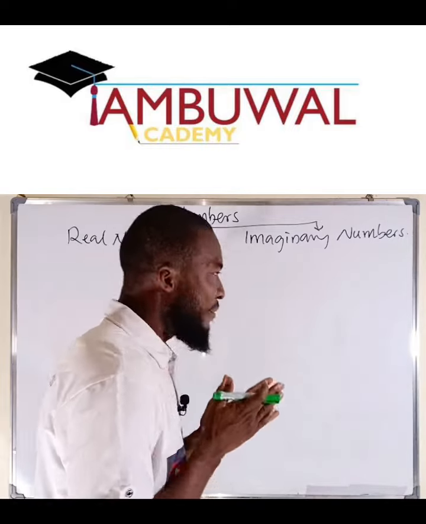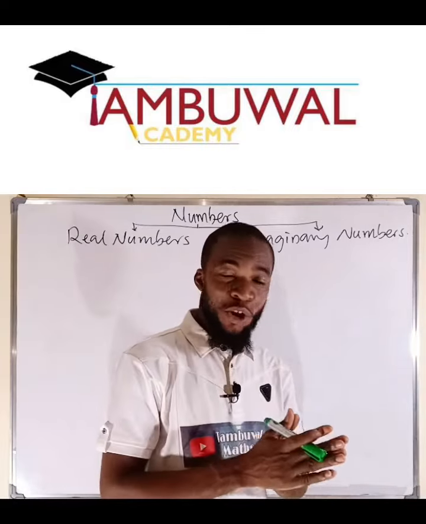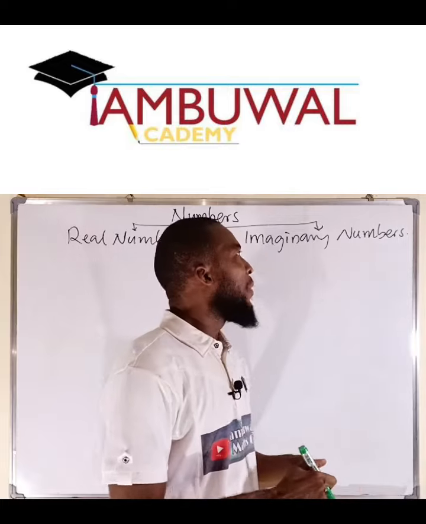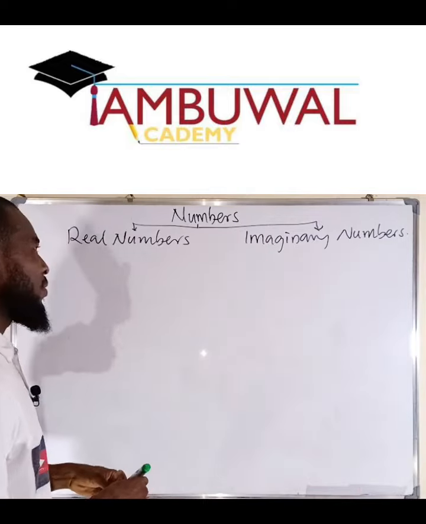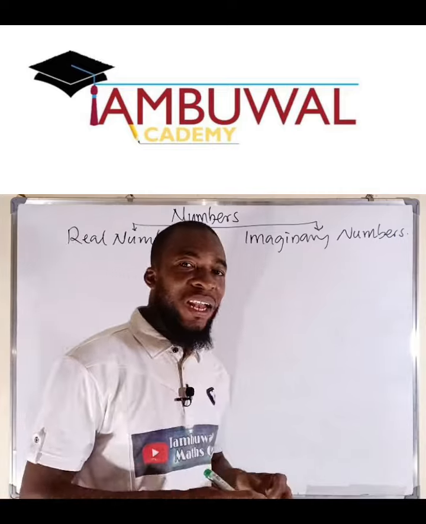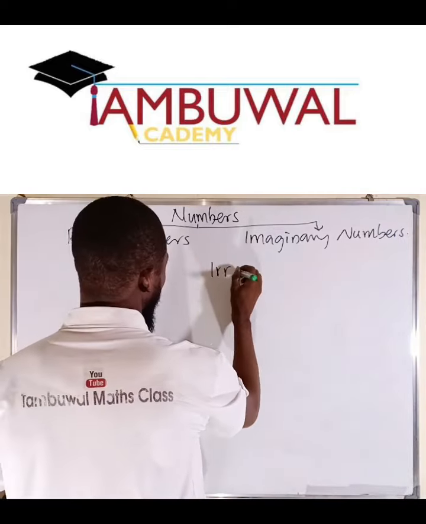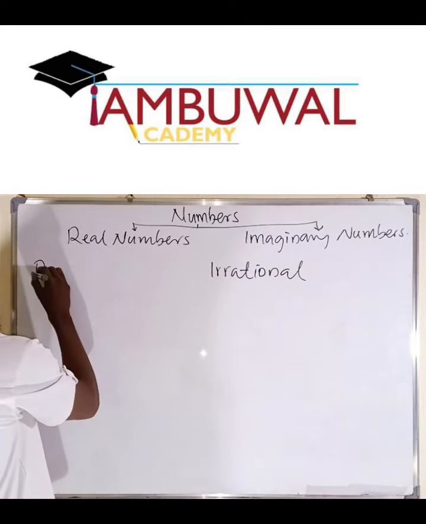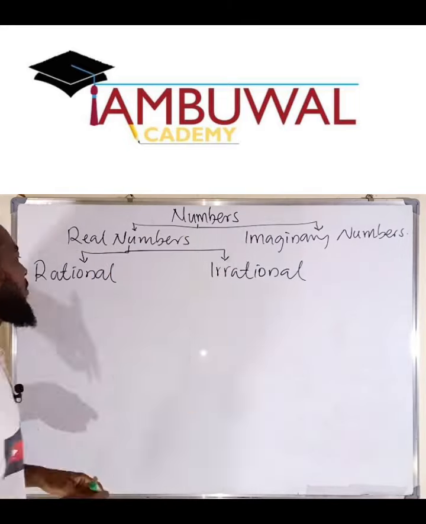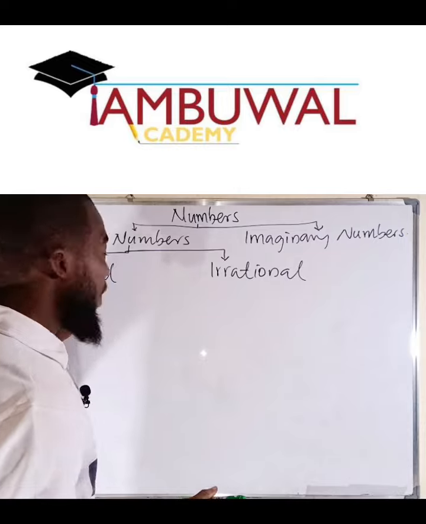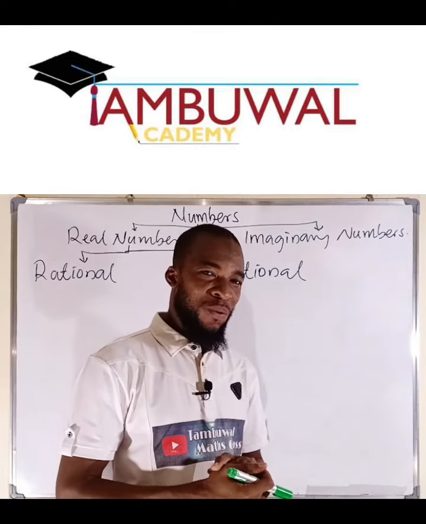As I said, real numbers are numbers you can think of, any number, but they are categorized as well. We have the rational and the irrational numbers. So let me categorize them. Ratio. Can you remember ratio?